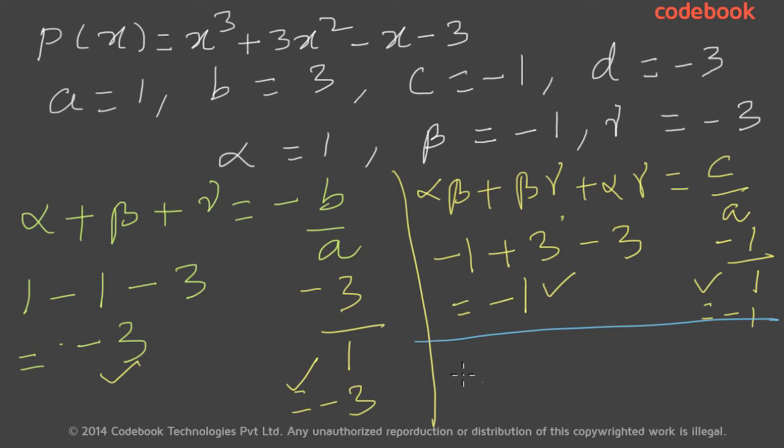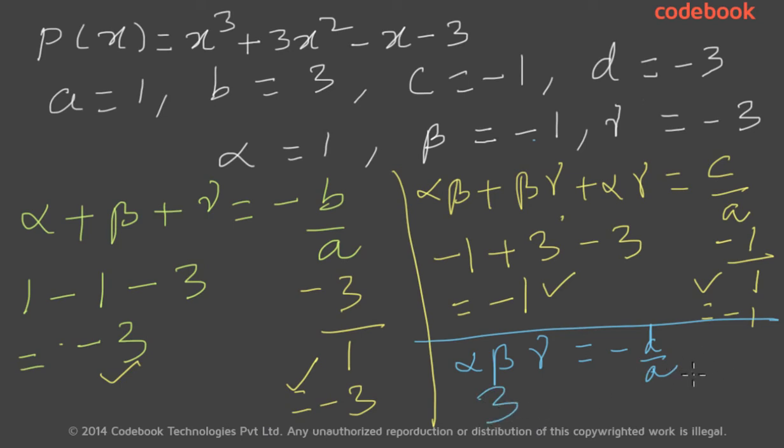So finally, let's verify if alpha beta gamma is equal to minus d by a. So this is the relationship between the product of the roots and the coefficients of the cubic polynomial. So alpha beta gamma multiplying the three roots, 1 times minus 1 is minus 1, minus 1 times minus 3 is 3. So that is 3.